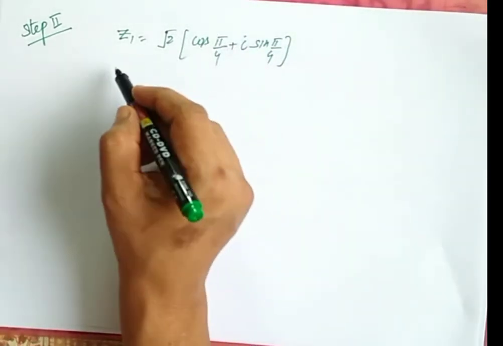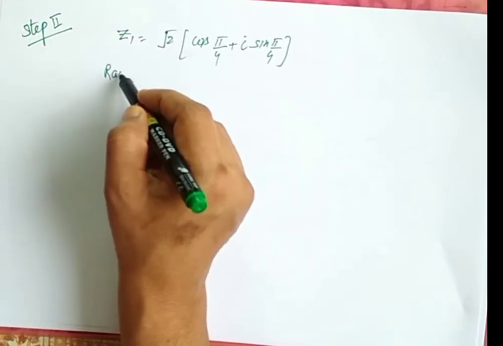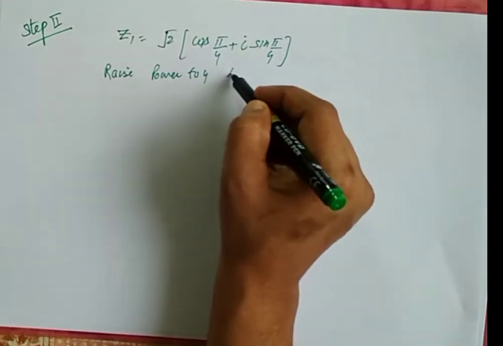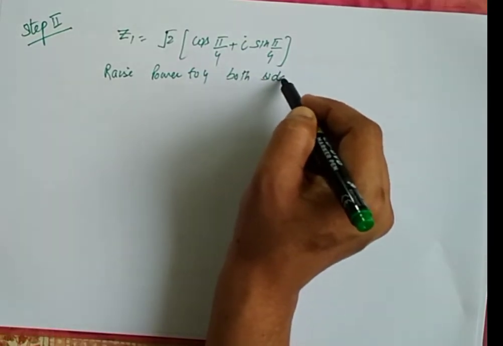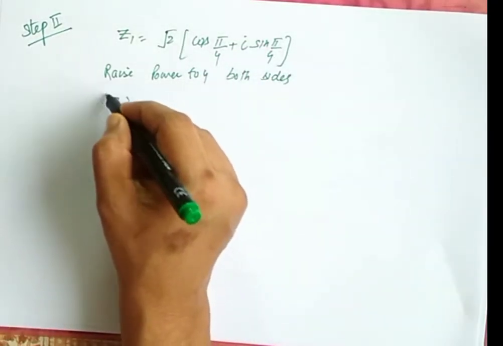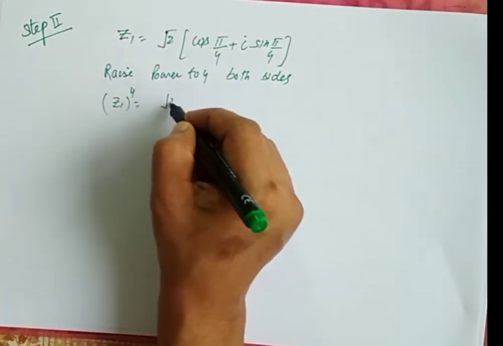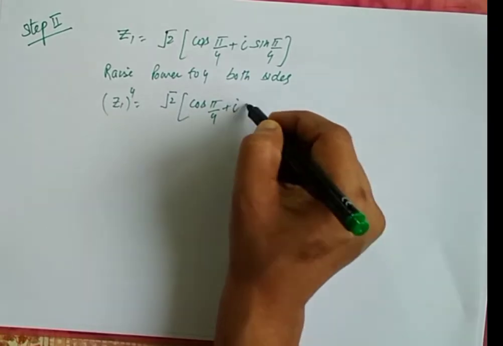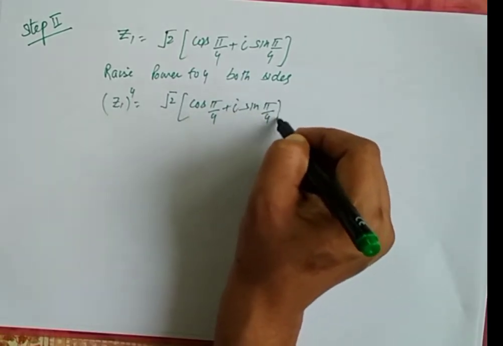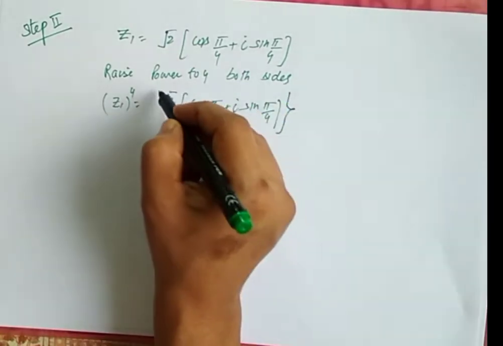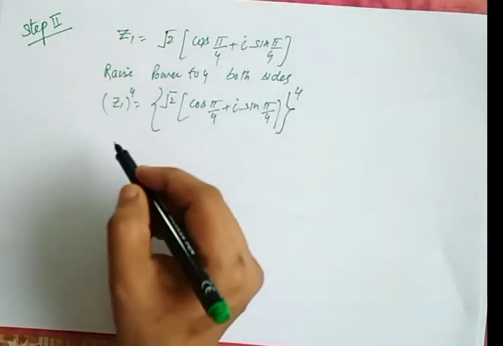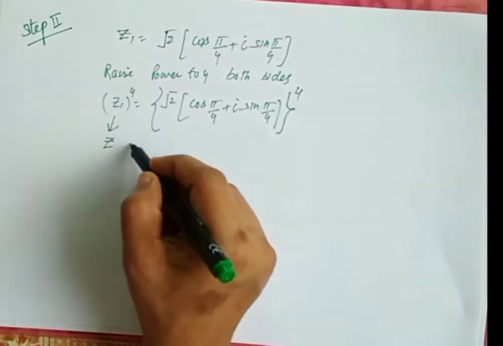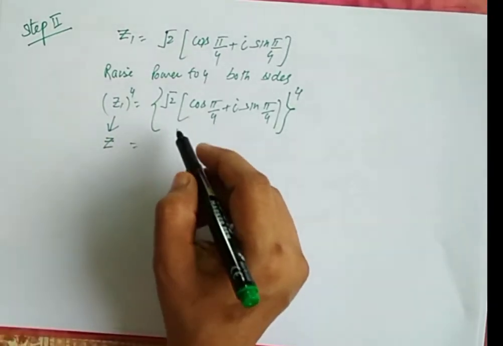Okay, so raise power to 4 both sides. What will you get? We get z1 raised to power 4 equals to root 2 cos pi by 4 plus i sine of pi by 4, entire in bracket and then raised to power 4. So z1 raised to power 4 is equal to say z.